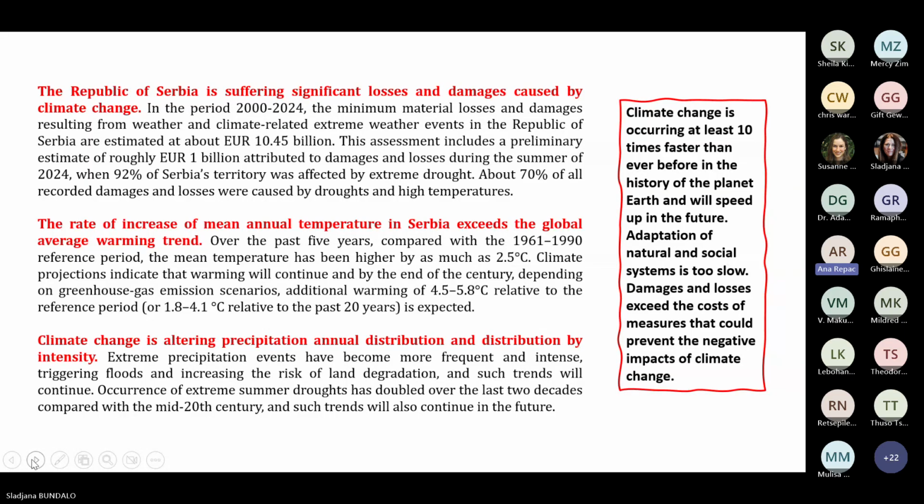Climate change is also altering precipitation, its annual distribution and distribution by intensity. Extreme precipitation events have become more frequent and intense, triggering floods and increasing the risk of land degradation. And this trend will continue. Okay, so next slide.